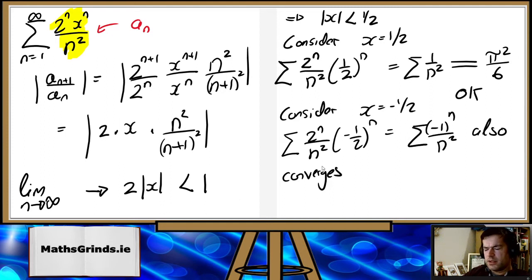I wonder what it converges to. Not pi squared over 6. I wonder if I can find it.